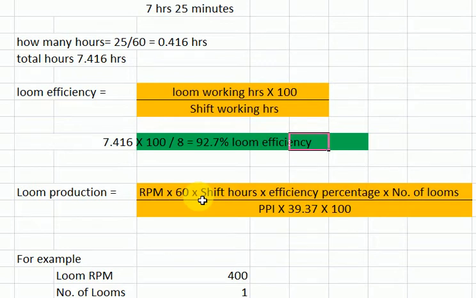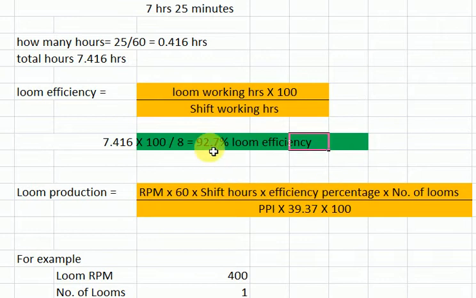Like RPM. RPM is nothing but the loom working per minute. How many picks are inserting in 1 minute? This is RPM, and this is multiplied by 60 minutes, multiplied by shift hours. How many hours is the loom working? Multiplied by efficiency percentage. This efficiency percentage we have to insert here.